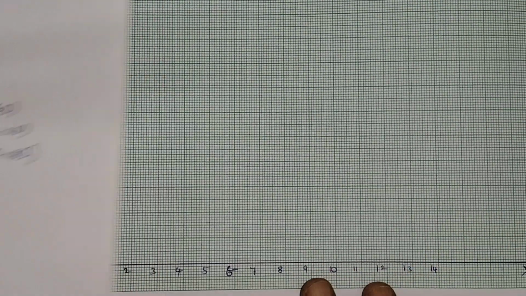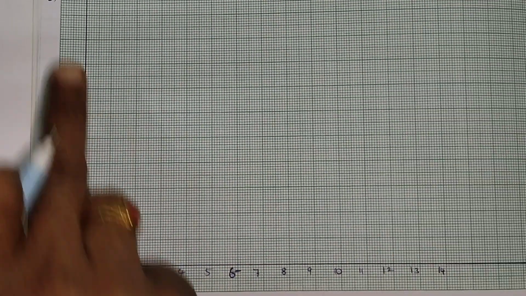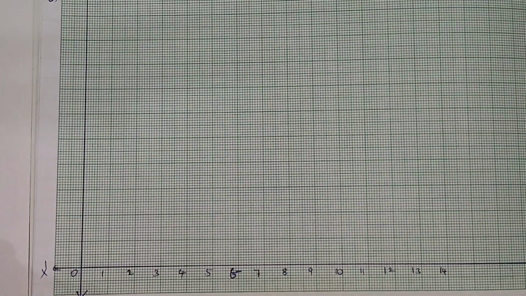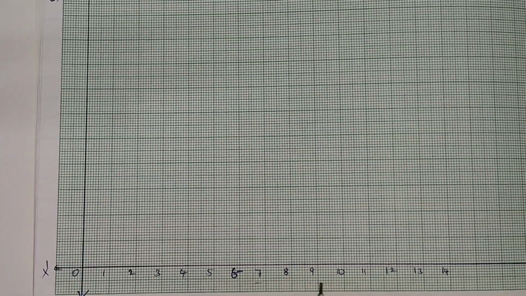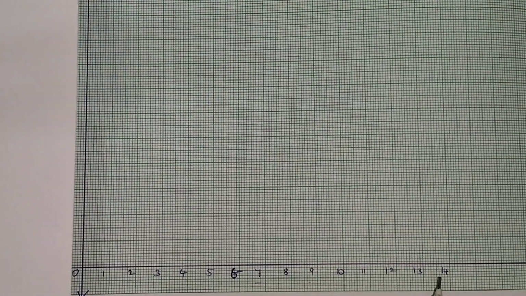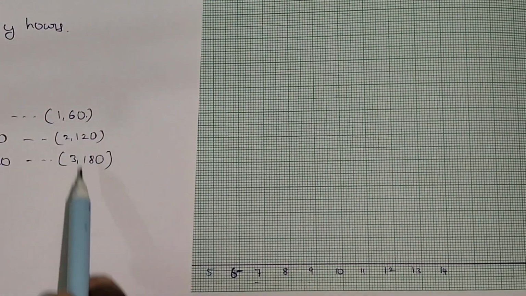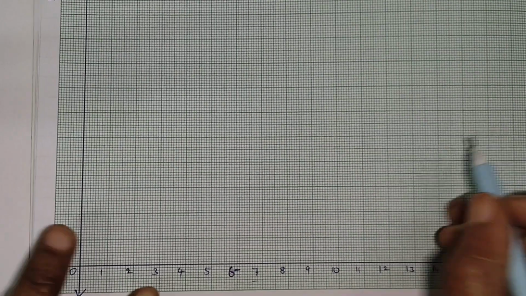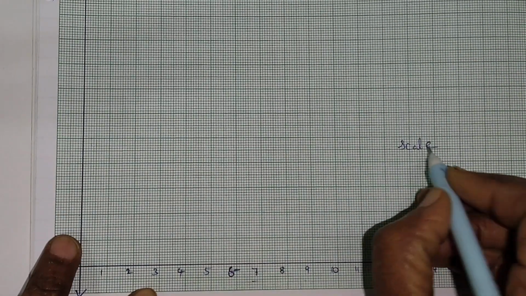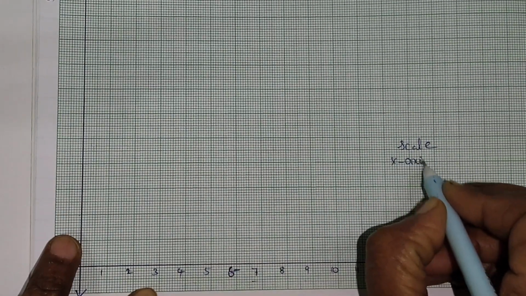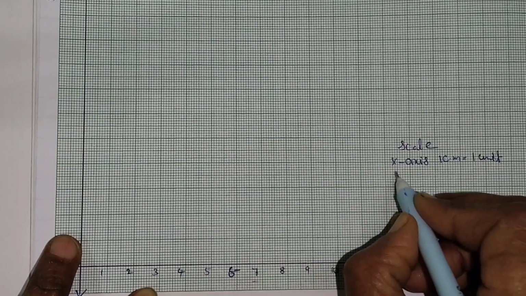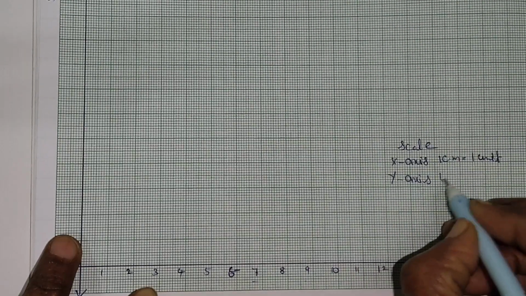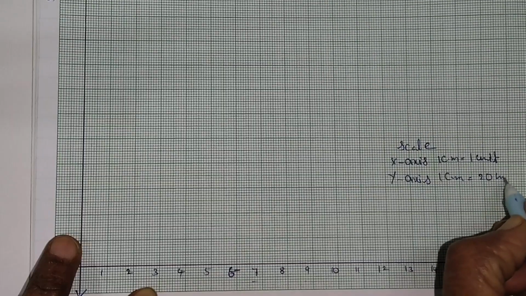Here we already drew the x axis and y axis. This is the x axis, this is the y axis. On the x axis we observe the numbers 1, 2, 3, and on the y axis the numbers 60, 120, 180. So we write the scale. On the x axis, 1 centimeter equals 1 unit, and on the y axis, 1 centimeter equals 20 units.